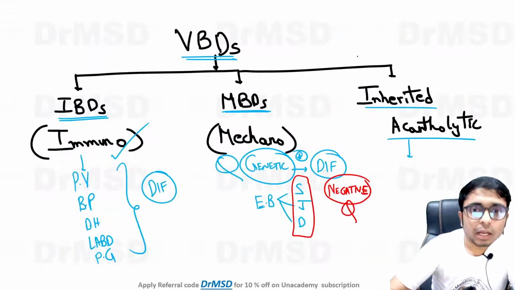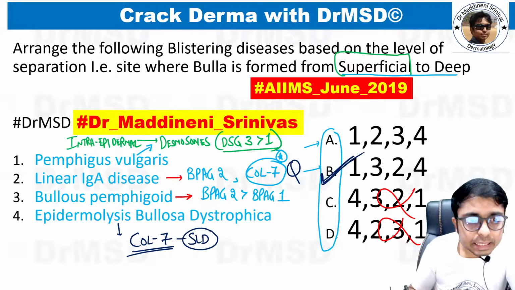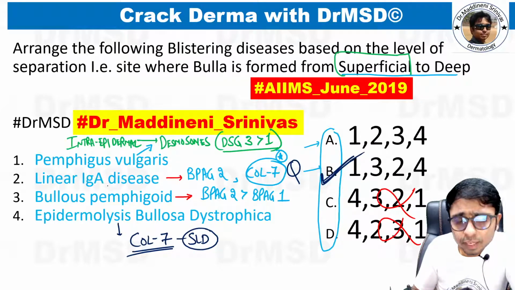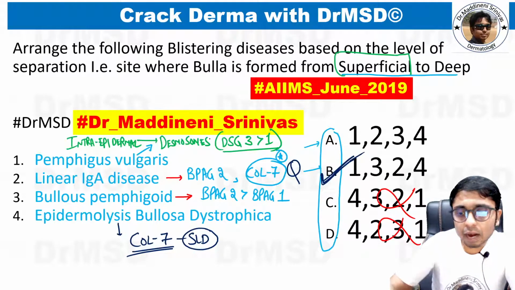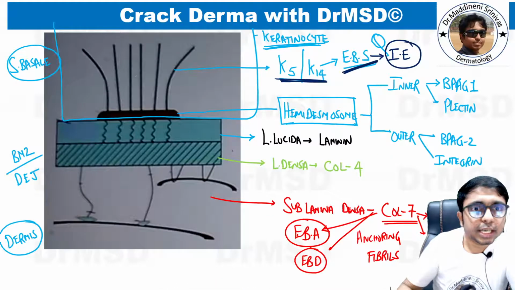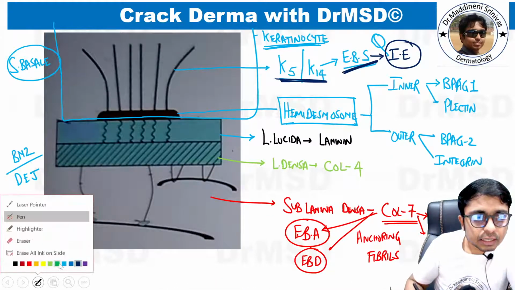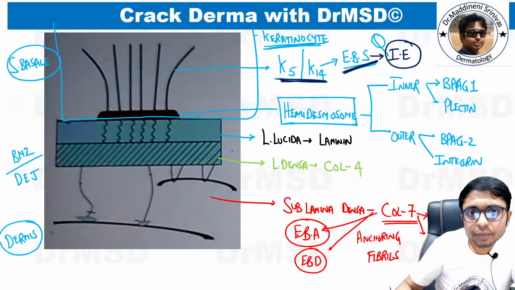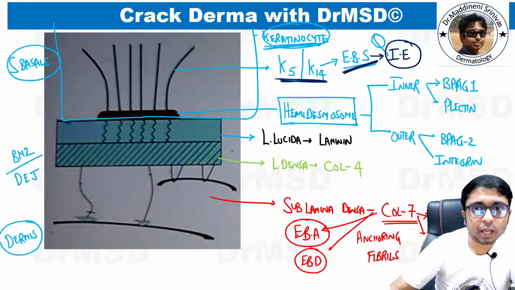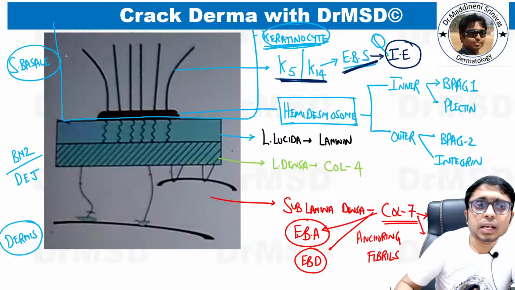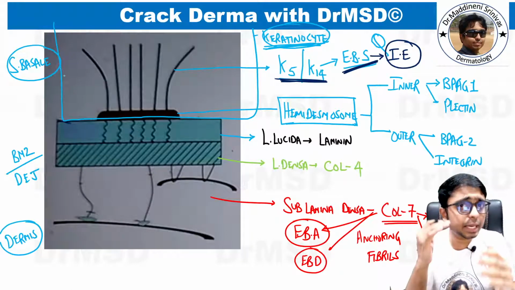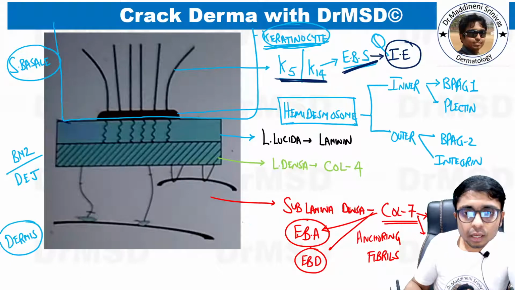Okay, and in this question, so you can see that after pemphigus vulgaris, I will show you the picture here. So in pemphigus vulgaris, keratinocytes are going to have a defect. So pemphigus vulgaris, we will keep it at most superficial.